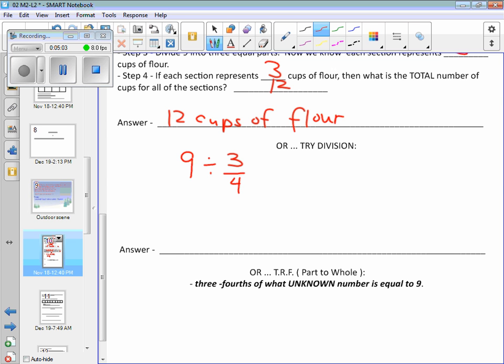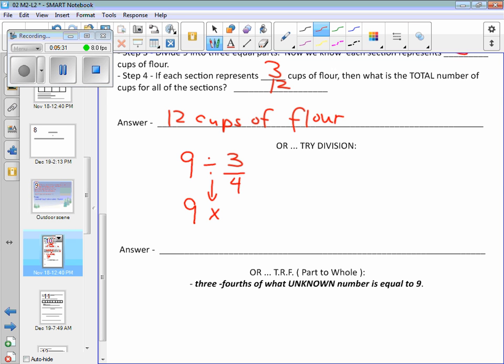Now, even though I haven't taught it to you yet, I'm going to show you something called keep, change, flip. Keep, change, flip comes into play formally in lesson 7. But whenever you have a division problem, you keep the first number exactly as is, which in this case is 9. We change division to multiplication.